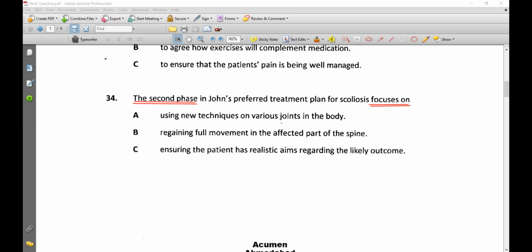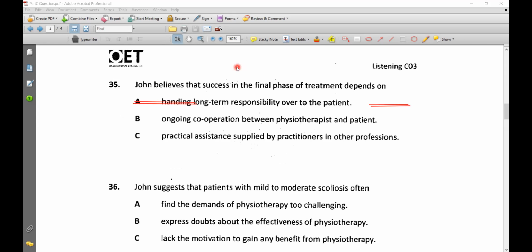After that, question 5. John believes that success in the final phase of treatment depends on. So here they would talk about the final phase, and what the success depends on. Okay.